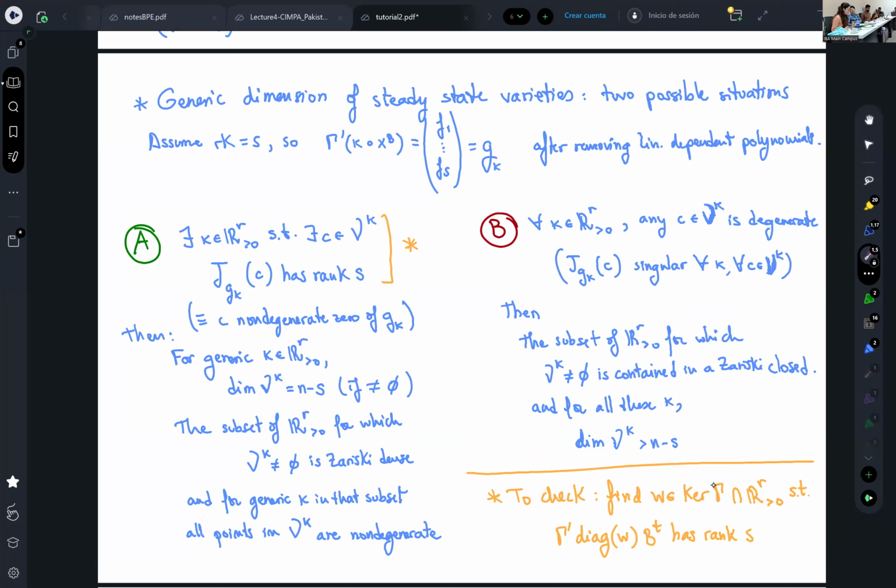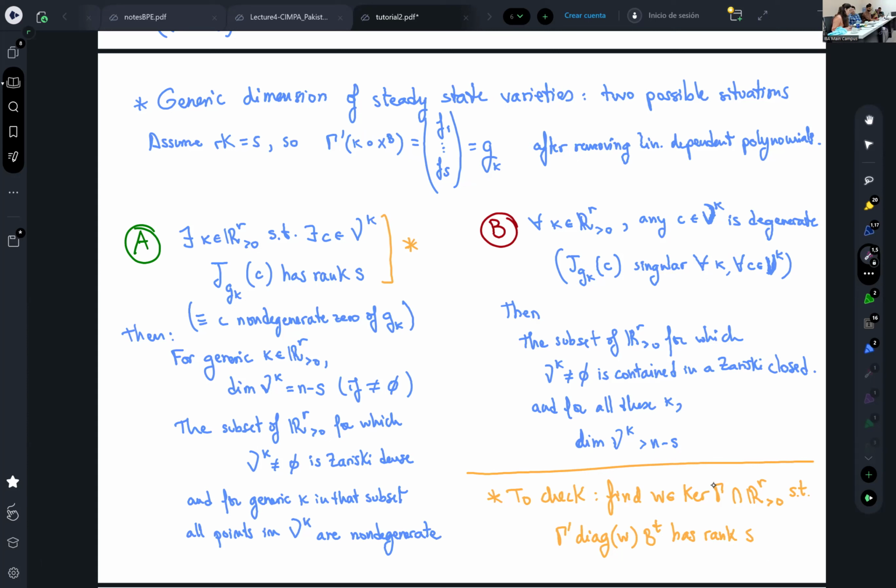I am assuming that my network has rank S. And then I remove n minus S linearly dependent rows of the matrix gamma. And I construct this smaller system, which has S rows. So I will call this vectorial function G. And G depends on K, still.